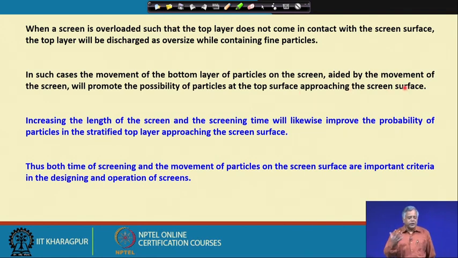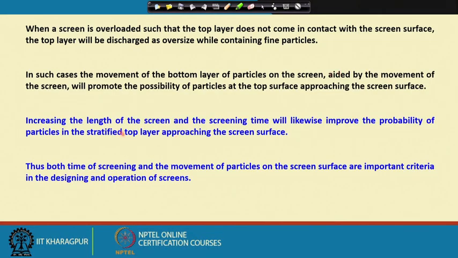So, what we have to understand to rectify this problem is how the particle bed at each layer moves, because if the bottom layer moves fast, the particles in the bottommost layer will be sized immediately. Then the next layer comes to the bottom, and so on.